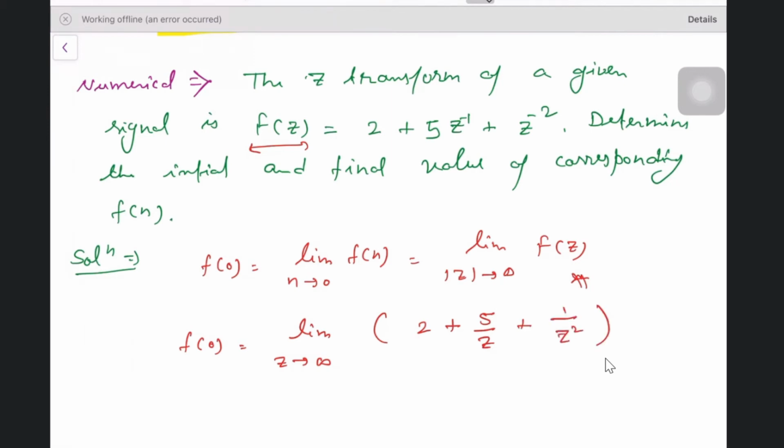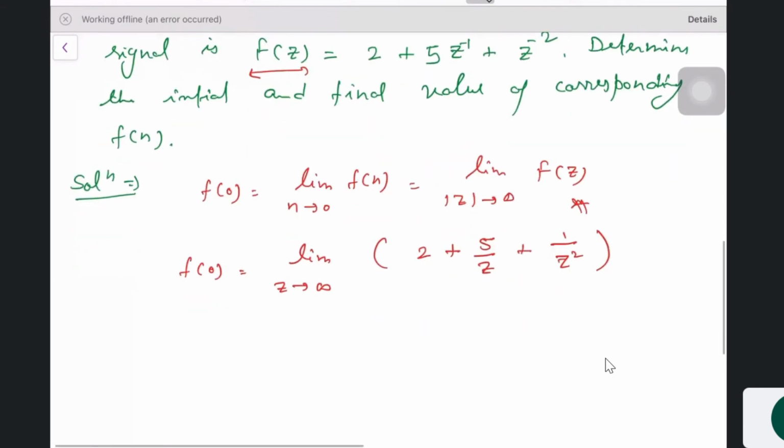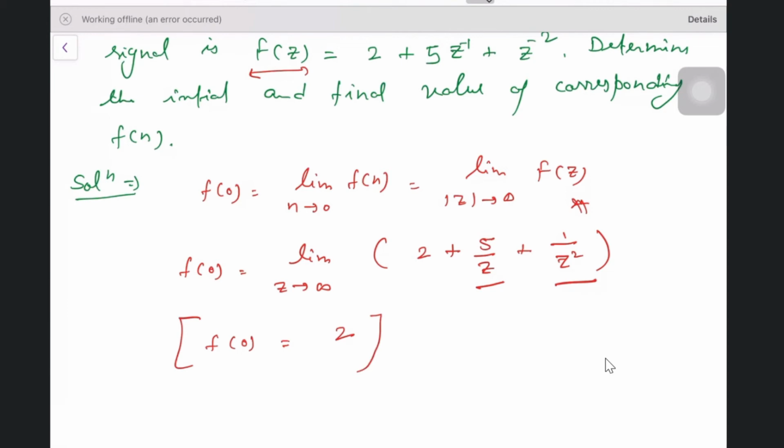The z inverse we directly wrote as 1 by z. From here you can easily see that the value of f of 0 equals 2, because the other terms will be 0 when z tends to infinity. So the initial value you will get in that way.